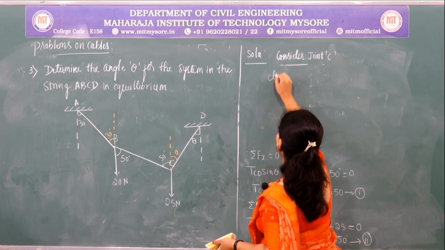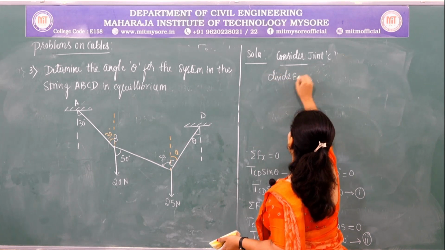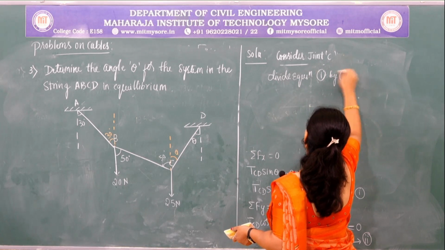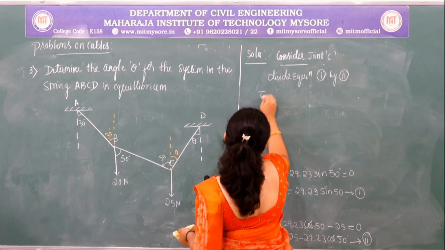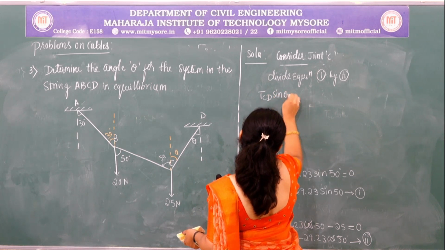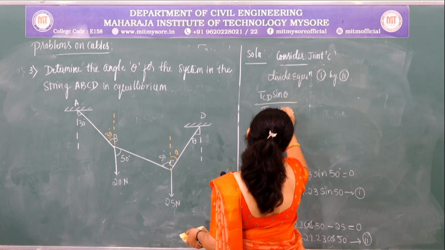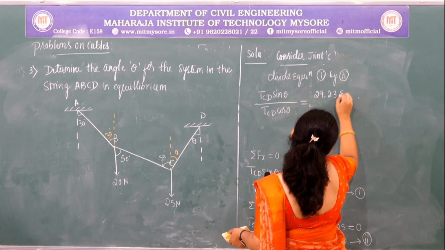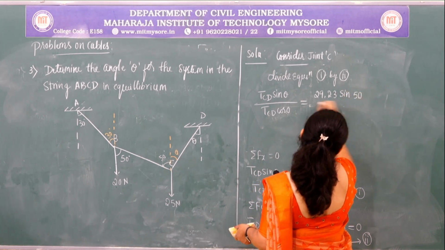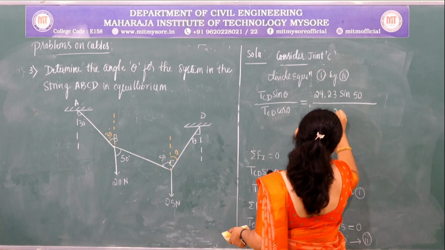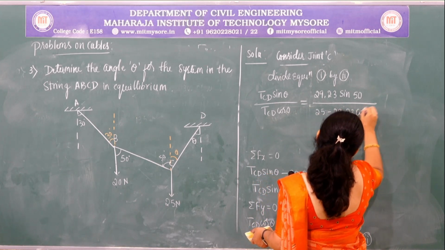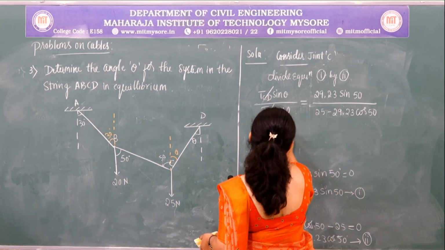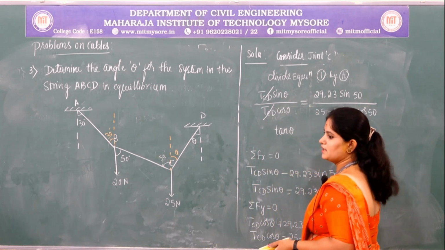So divide equation 1 by 2, so that TCD sin theta divided by TCD cos theta is equal to 29.23 sin 50 divided by 25 minus 29.23 cos 50.